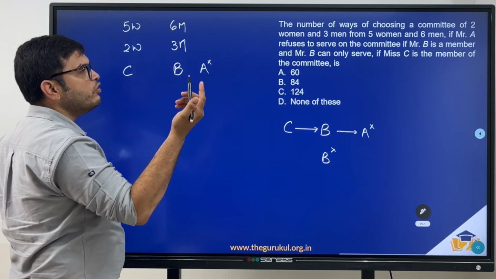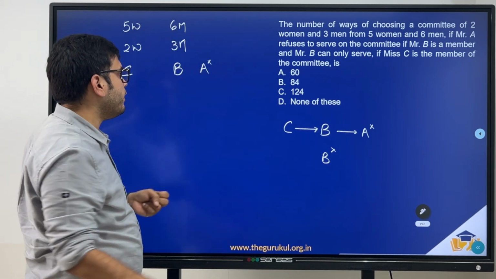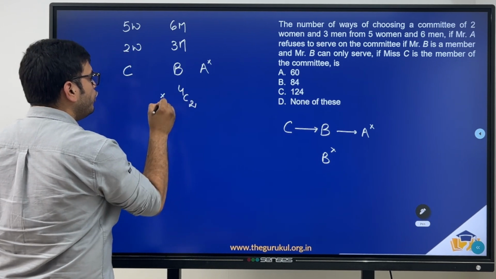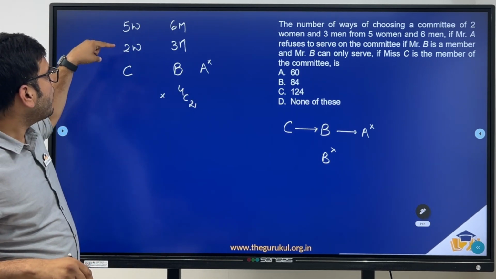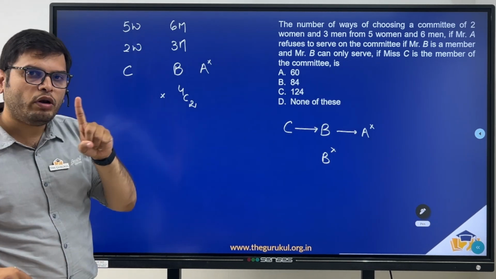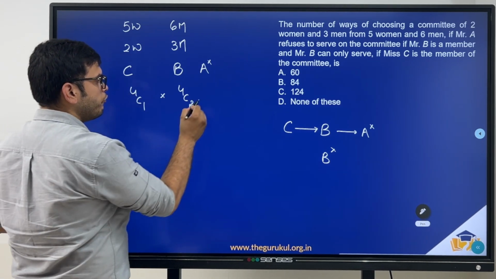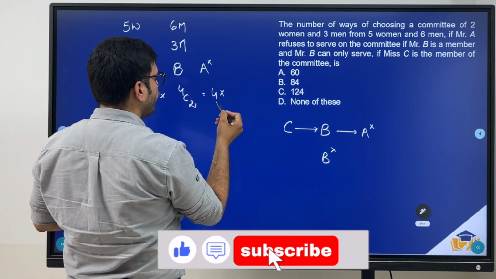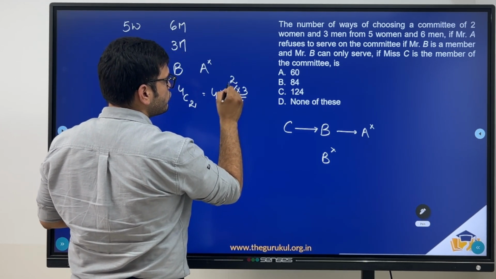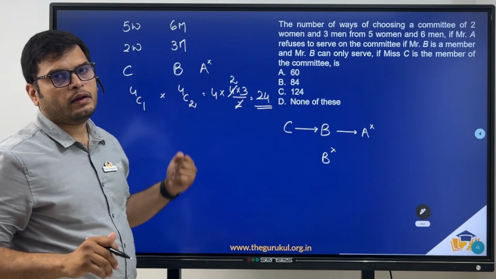You'll have four choices, because out of six, one person is B, and you cannot select A. So from 4 members, you need to select two. Now we have 5 women, out of which we need to select 2. Already we have selected C, so you need to select only one woman, and you have four choices. So 4C1 into 4C2, 4 into 3 by 2. So 4 into 6, you have 24 ways if you wish to select B.